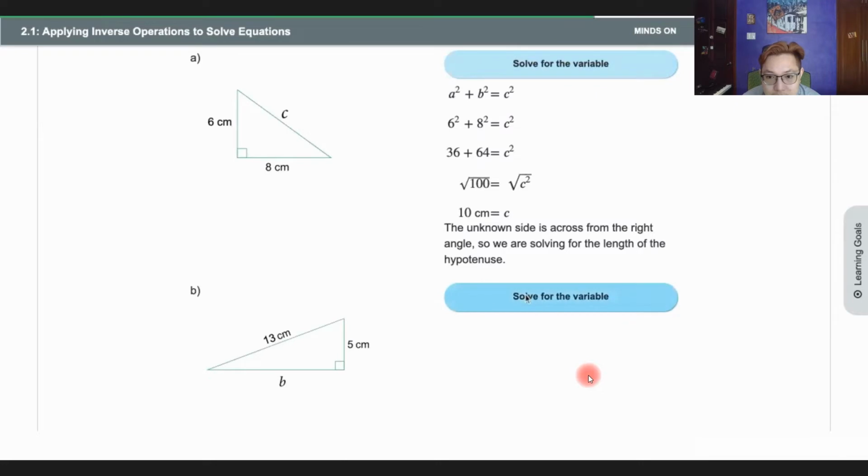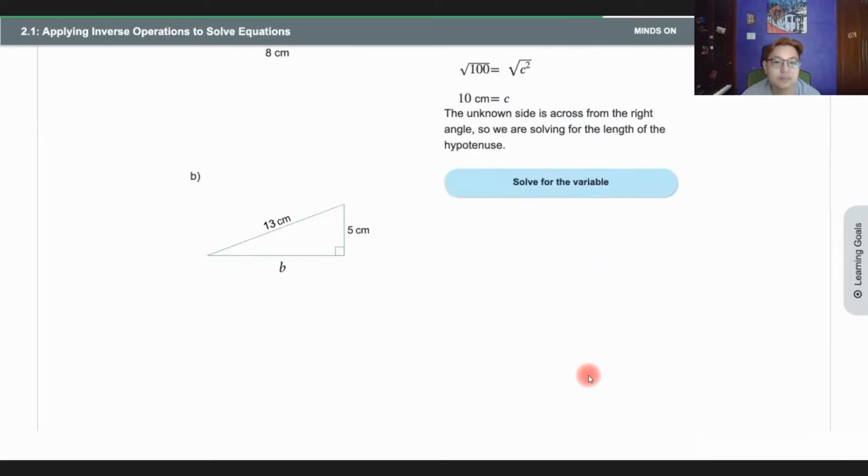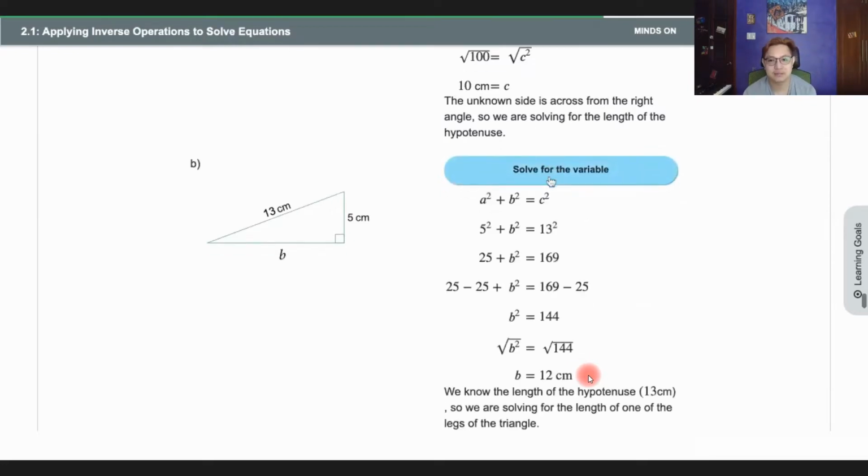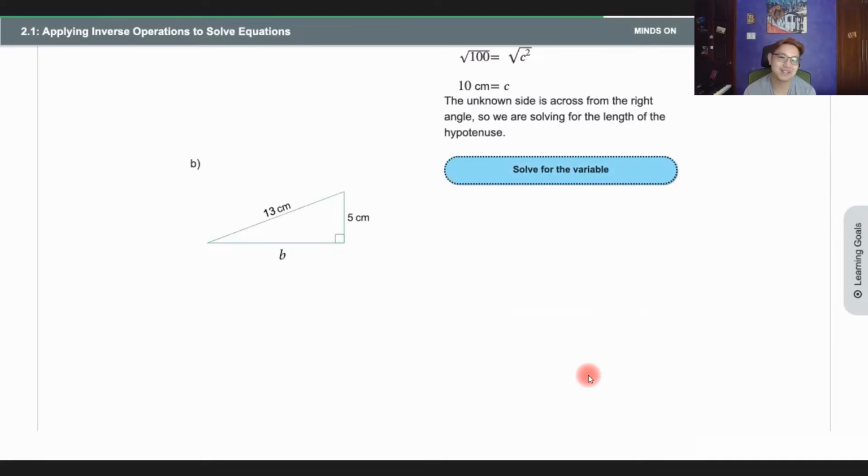And then just B. Let's try to solve for b. Can you try to solve for b without looking? Okay, sure. The hypotenuse is already 13 centimeters.